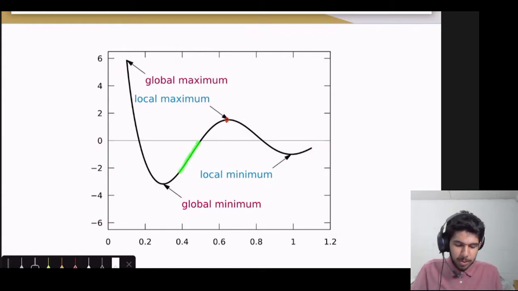Here we're going upwards, and then we reach this peak of a hill, and then we start going downwards. Similarly for the local minimum, we're going downwards, and then we hit this point here, and then we start going upwards. So we can start to think about how extrema may tell us how the function changes direction.